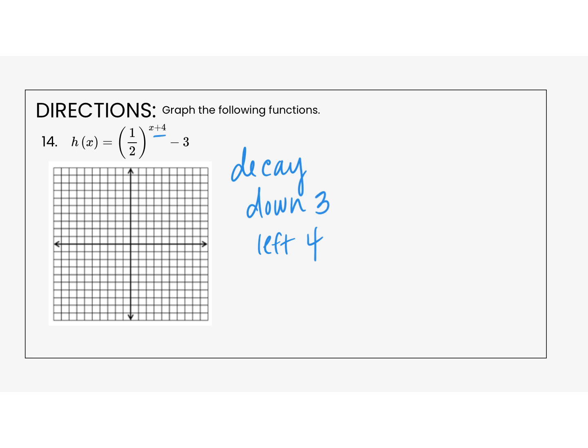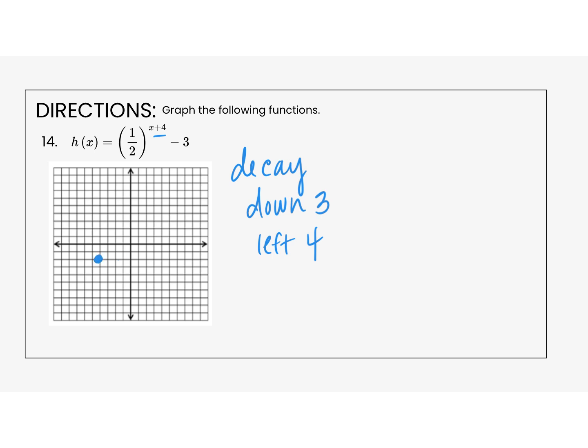Okay? So again, imagine my starting point is 0, 1, because that's my y-intercept on the base, just b to the power of x. Okay, so if I'm going down 3, 1, 2, 3, left 4, 1, 2, 3, 4. So now this is where my starting point is.